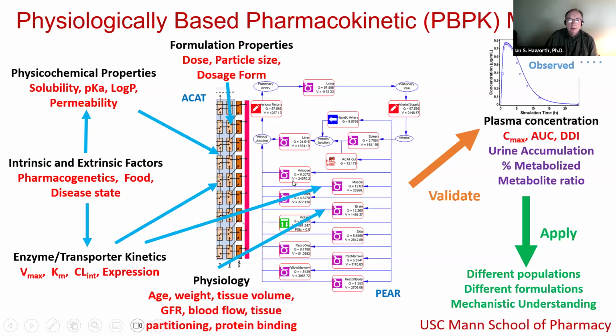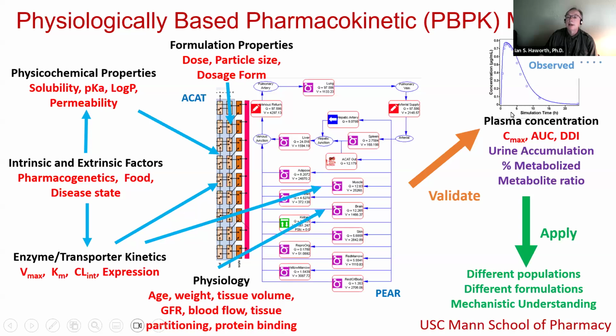And if you run your simulation, the most important thing is to validate your model. So you'll see in the next 15 minutes quite a lot of these kind of curves. So what we're looking at here is the simulated curve in blue and the observed data within the open symbols.